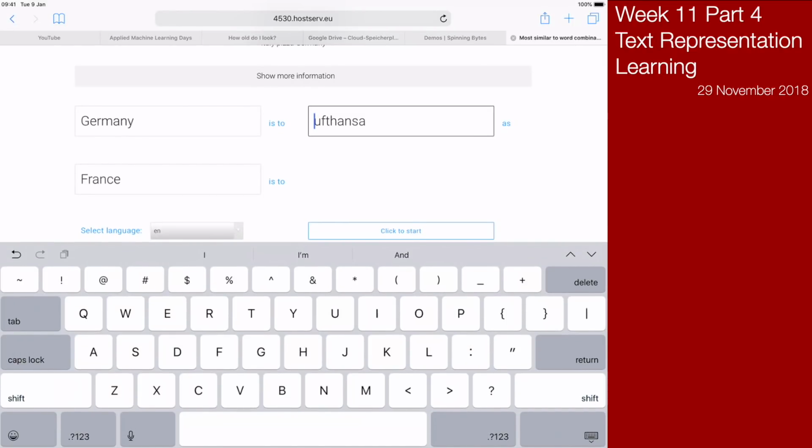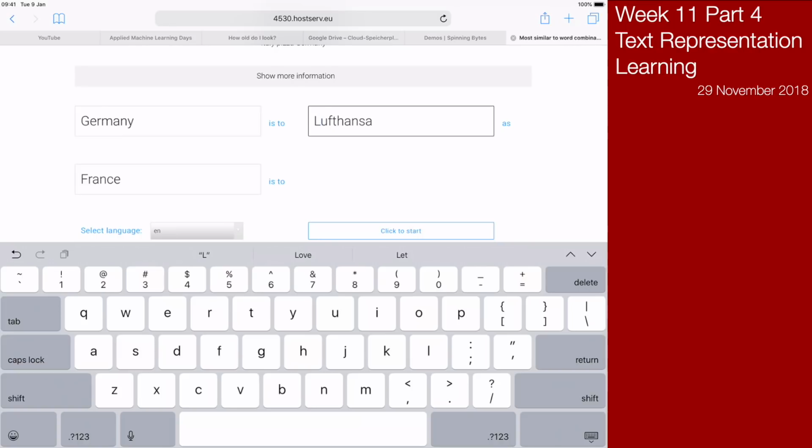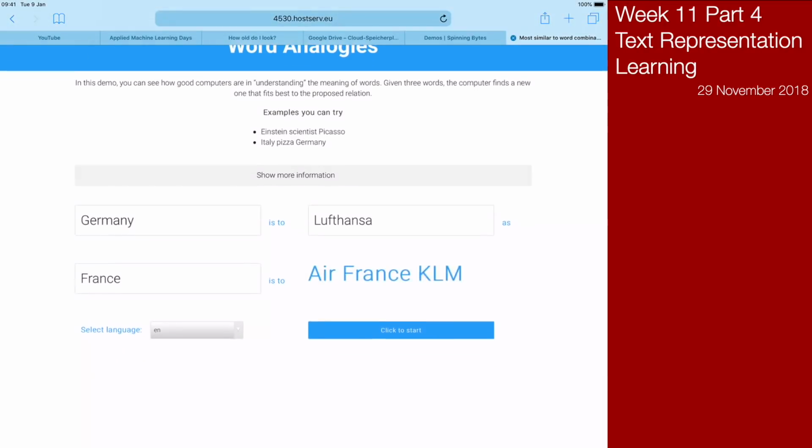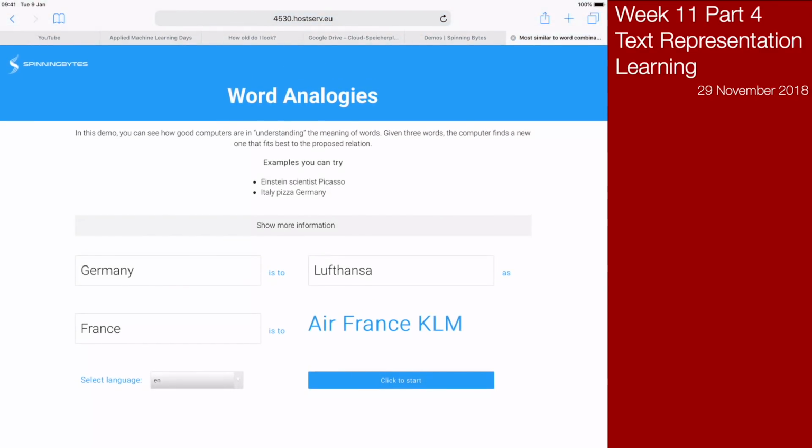Okay, how this works is: Lufthansa is to Germany as the thing we're searching for is to France. So what is this thing? Oh yeah, it's Air France. So now it finally worked.